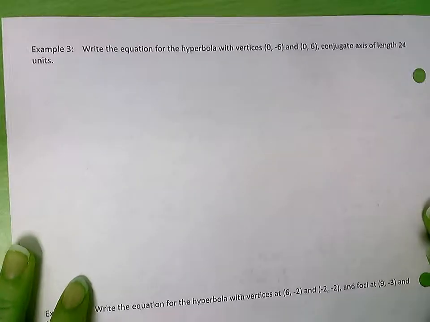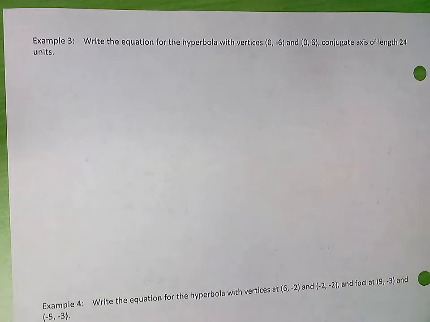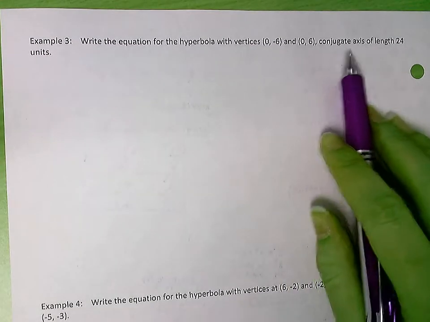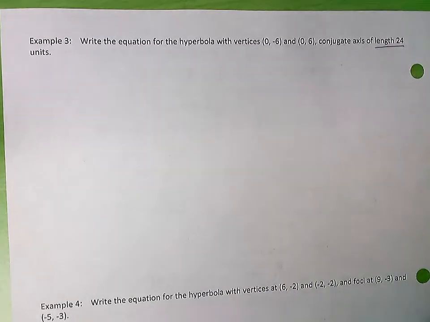All right. Example 3. Again, we're still writing the equation of a hyperbola. Again, we're given the vertices. This time, we're given a conjugate axis of length 24 units. Okay? So first I want to see which orientation this has, vertical or horizontal.